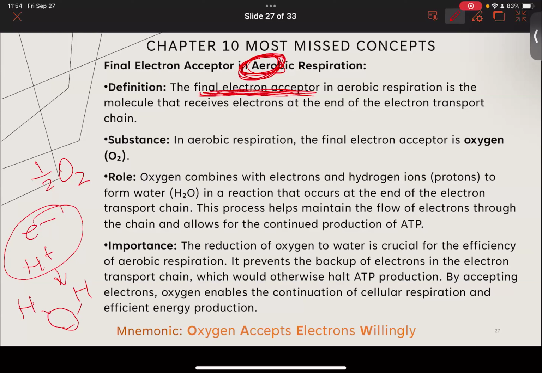Anyways, oxygen accepts electrons willingly. Oxygen loves sharing electrons with other atoms because it can hog their electrons. Y'all are just so good at hogging the electrons. So it'll be like, yeah, sure, I'm happy to join in.